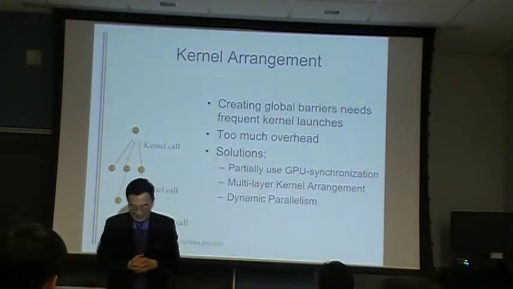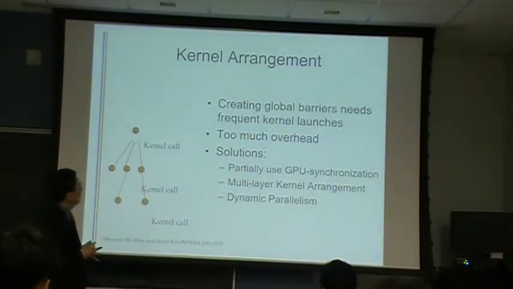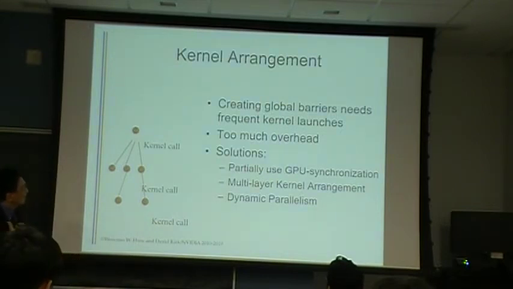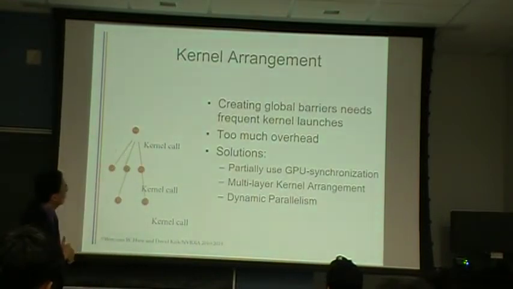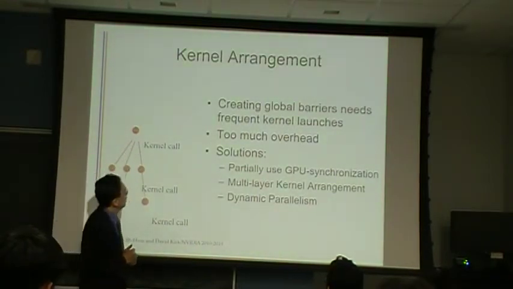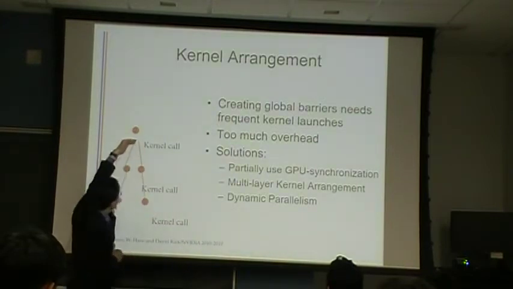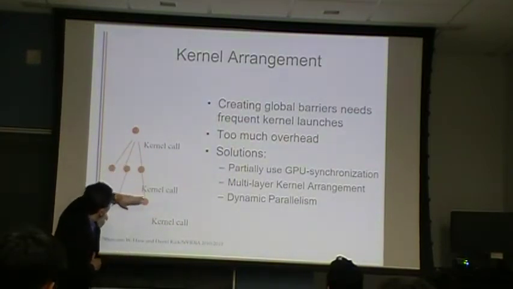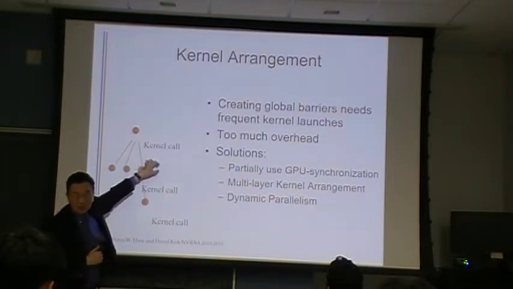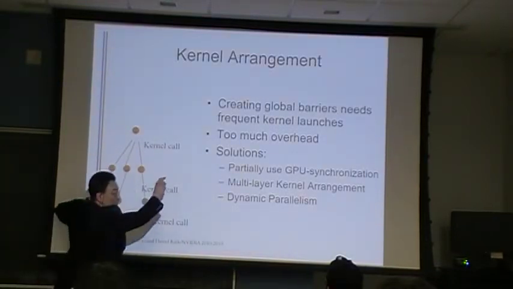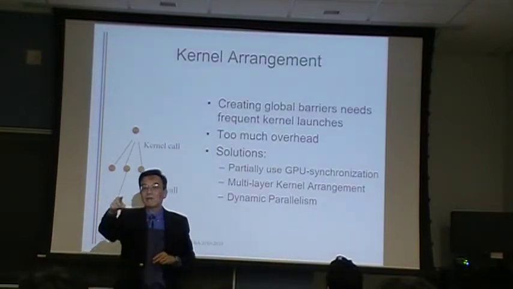Okay, so now let's go to one other issue about this. So this is the kernel arrangement. So remember, in between each frontier, you do have a barrier synchronization. Because within each frontier, we're using the same level, right?